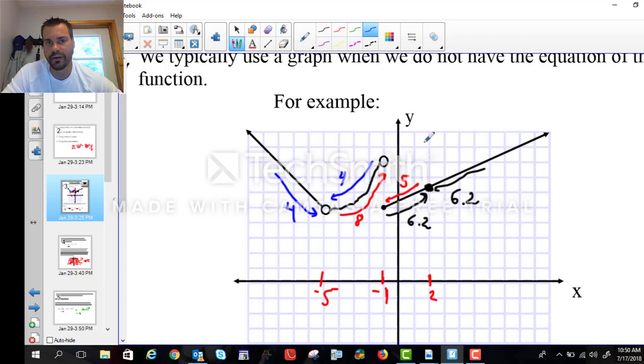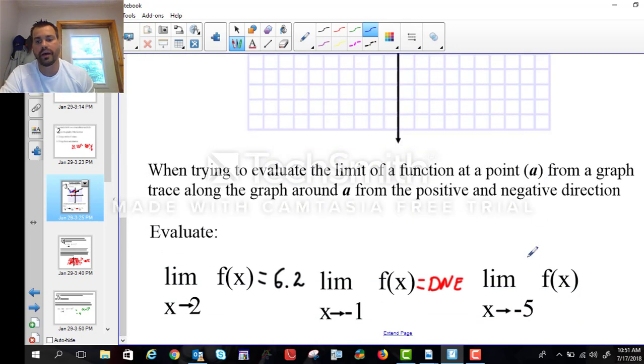But it doesn't matter to us what the function does exactly at -5. What we're asking is, what does it do as it approaches -5? And as it gets close to -5, it's getting closer to 4 in the y. Okay? And so we can write down that this answer is 4.